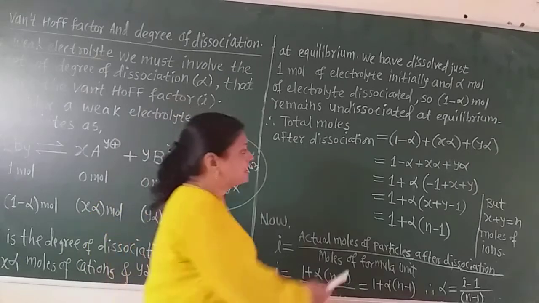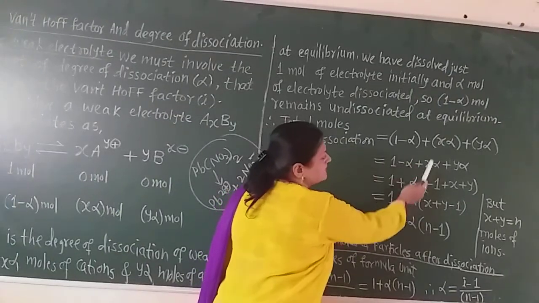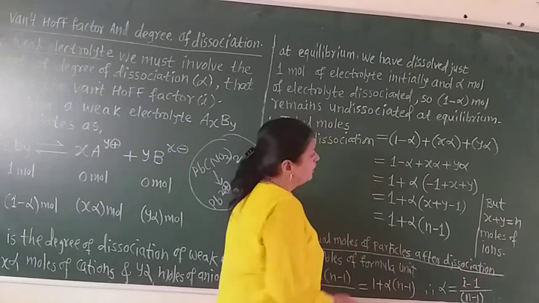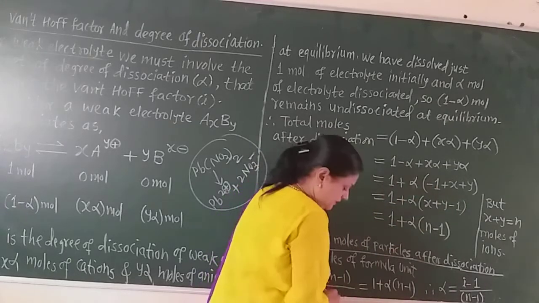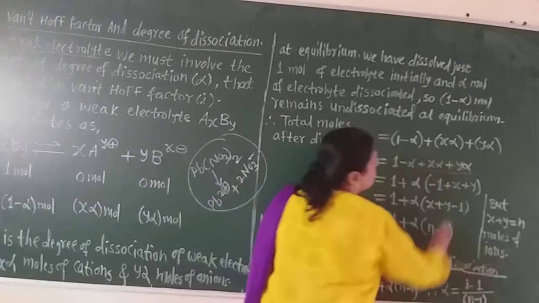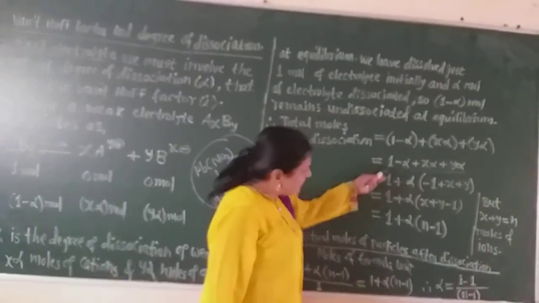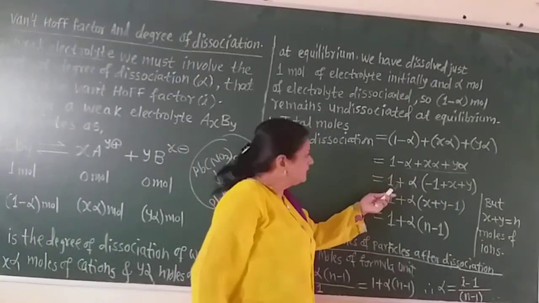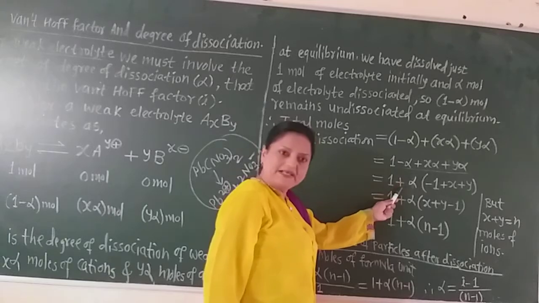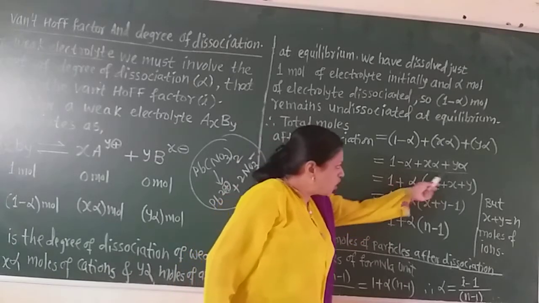Now solve this. Here alpha is common, so keep the 1 as it is and take the common alpha out.